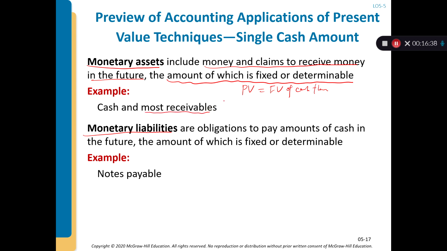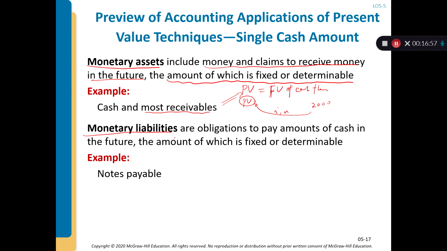If in future you will receive $2,000, right now you should record it at the present value of the future cash flow. So it depends on your I and it depends on your N.